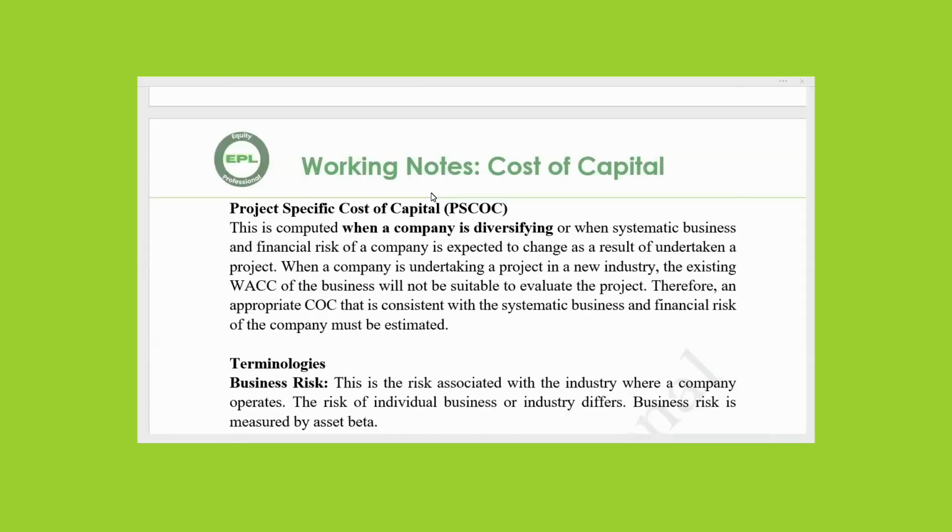We talked about the introduction to cost of capital by saying that project-specific cost of capital is computed when a company is diversifying into a new industry or when systematic business and financial risk are expected to change as a result of undertaking a project, because the existing WACC of a firm will not be suitable to evaluate projects in a new industry.